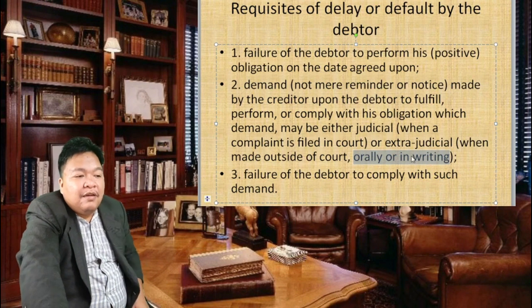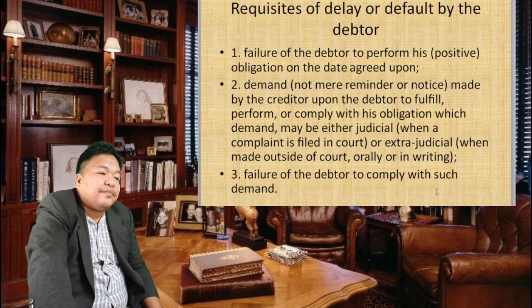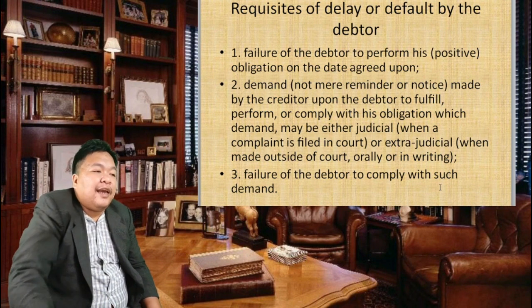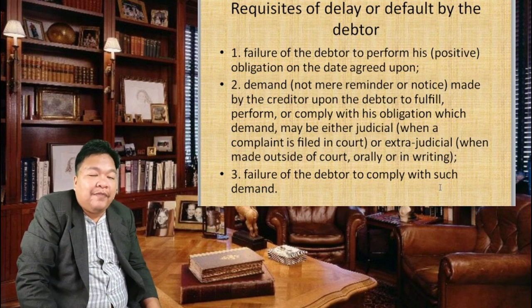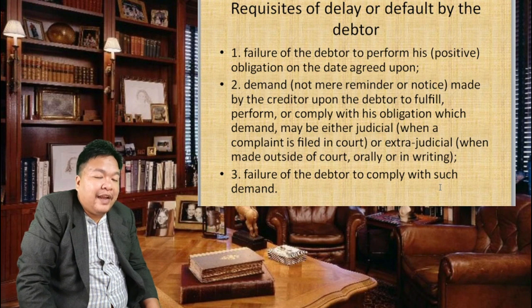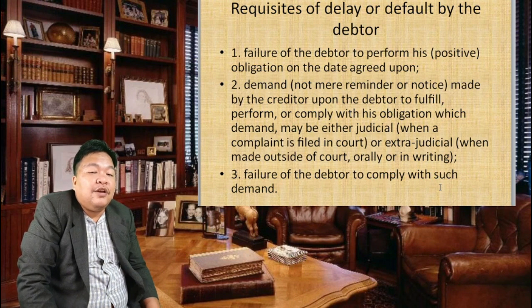And 3, failure of the debtor to comply with such demand. Okay? So guys, requisites ng delay: number 1, there must be failure of the debtor to perform his obligation. Number 2, there is demand. And 3, there is failure of the debtor to comply with such demand.